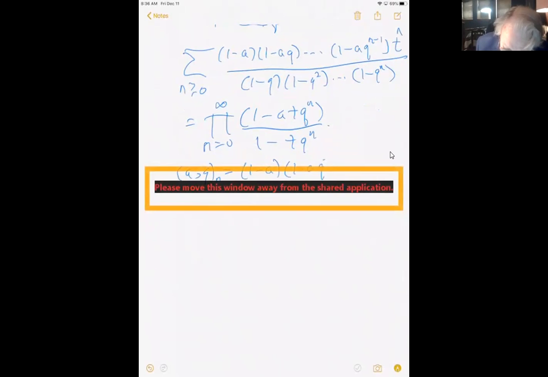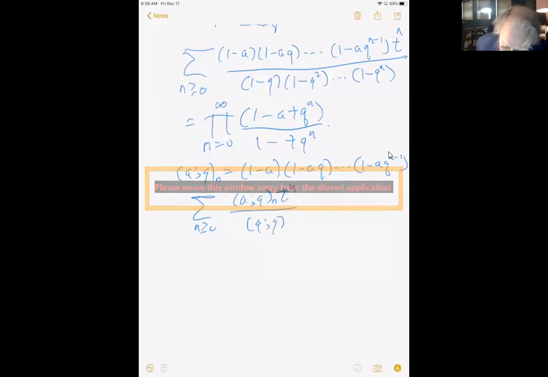I want to not have to write out these products every time. So I'm going to write (a; q)_n for these products, so that this series becomes (a; q)_n t to the n over (q; q)_n equals (a t; q)_infinity divided by (t; q)_infinity.